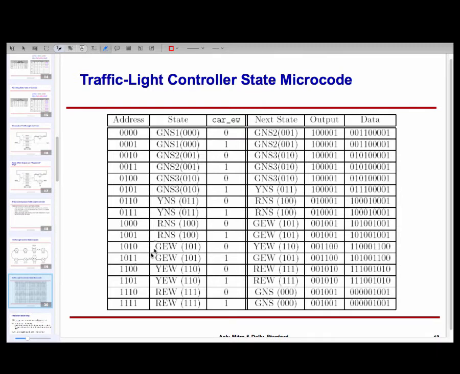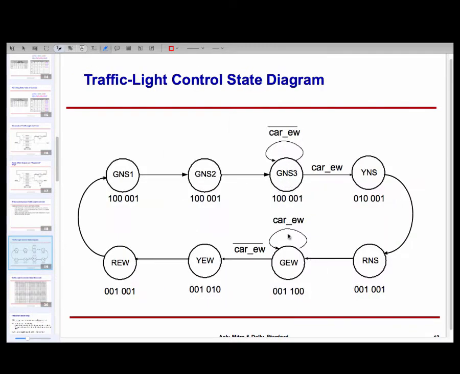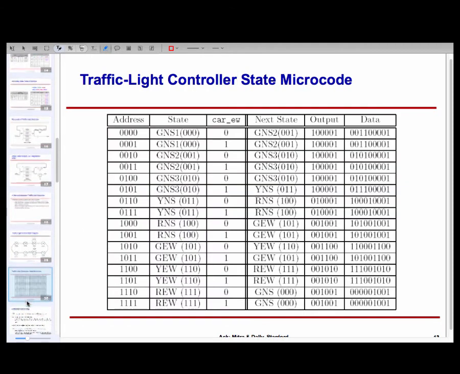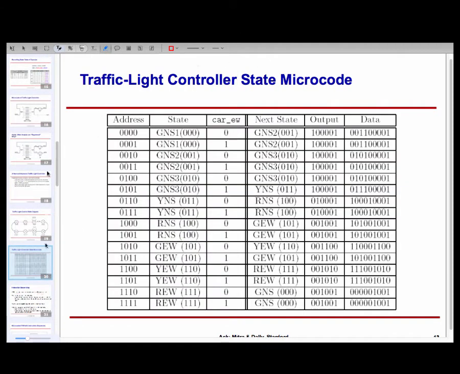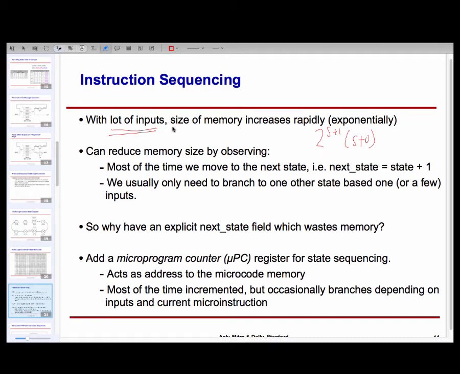There are only 2 states in our example where car east west actually had a role to play. Everywhere else, I had 2 identical rows, 2 identical pieces of data, which again seems very wasteful. So the memory approach, while very flexible, if implemented this particular way, leads to lots of problems. Every time I add one more bit of input, it immediately means twice the memory size.